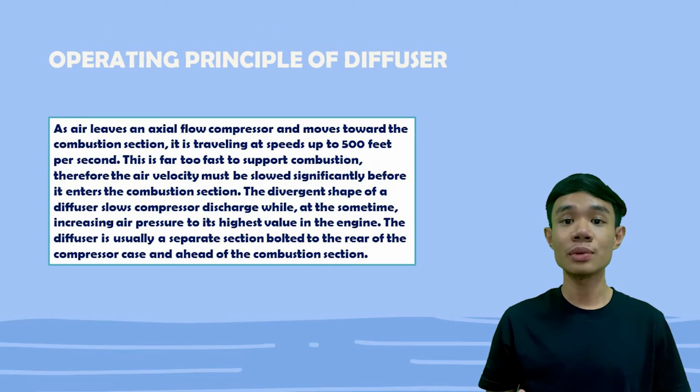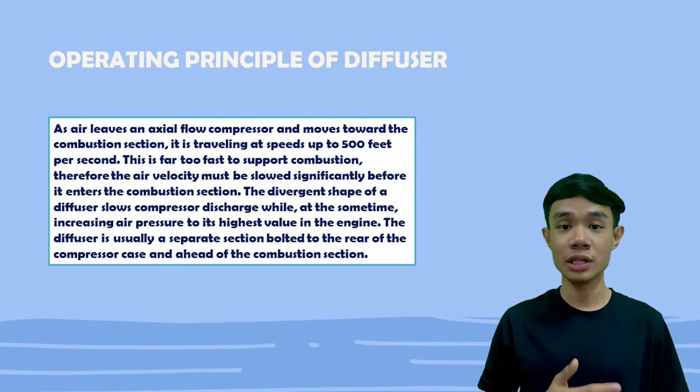Next, operating principle of diffuser. As air leaves an axial flow compressor and moves toward the combustion section, it is traveling at speeds up to 500 feet per second. This is far too fast to support combustion. Therefore, the air velocity must be slowed significantly before it enters the combustion section.